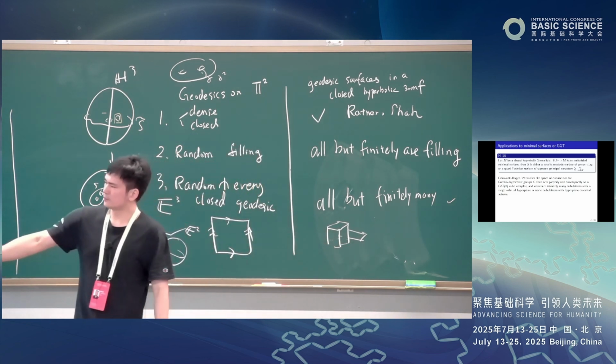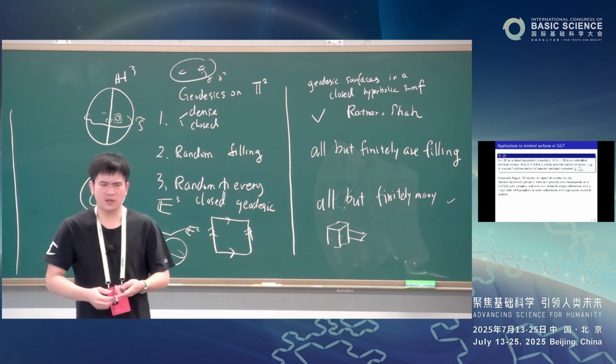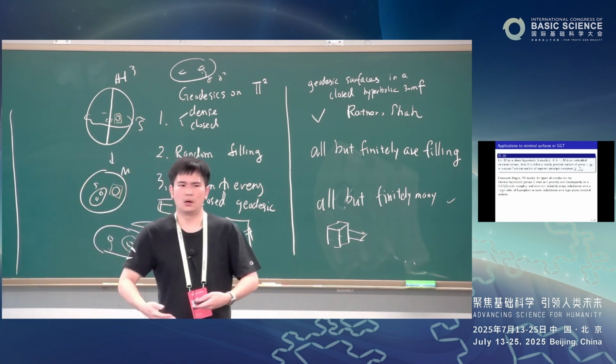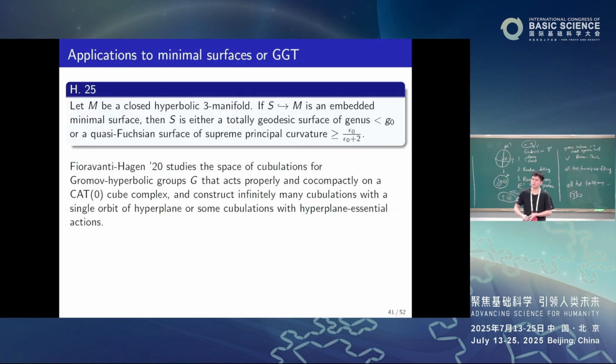So if your group acts properly and cocompactly on a cube complex, you get many good properties of your group. So they study that, they want to understand when your group acts on a cube complex with some good actions. So cubulation with a single hyperplane and some cubulation. So that's some terminology going on here.